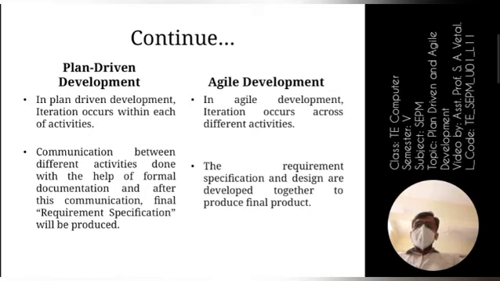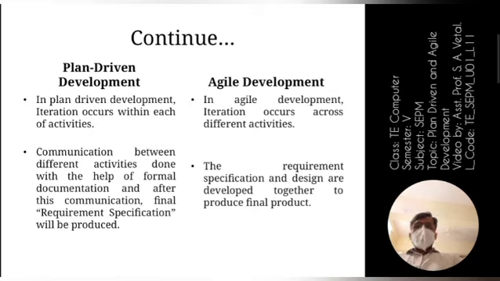In between requirement engineering and your design and implementation phase, we are having the requirement specification stage. That stage will provide the final requirement specification to the developer. That requirement specification will be produced in the plan driven development.